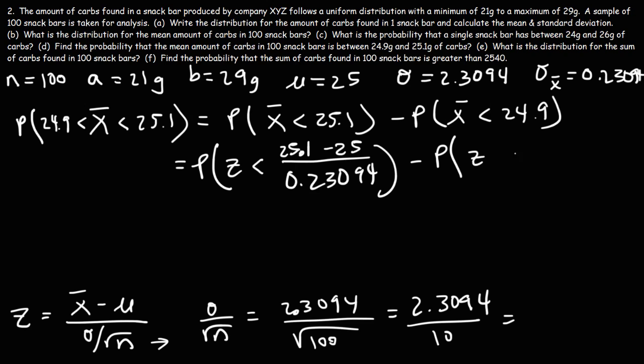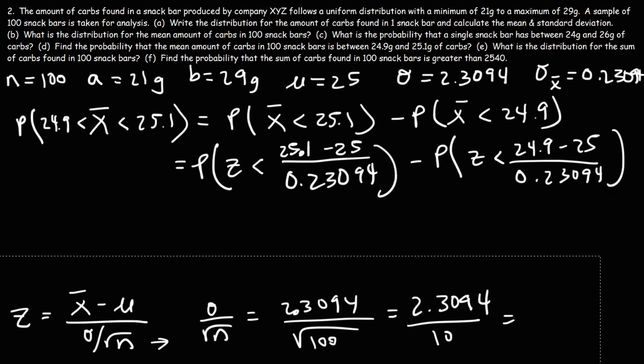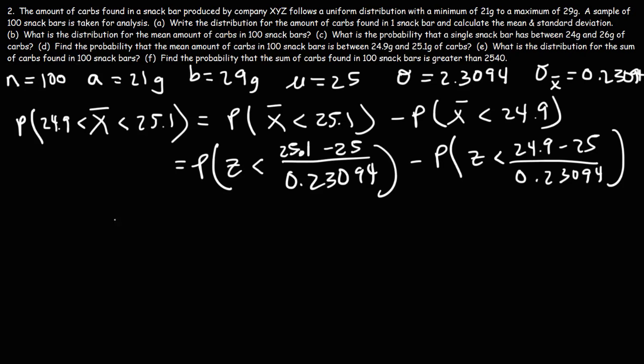Now for this one, it's going to be z is less than 24.9 minus 25 over the same standard error. 25.1 minus 25, that's going to be 0.1.